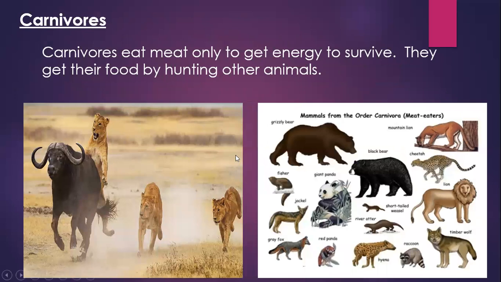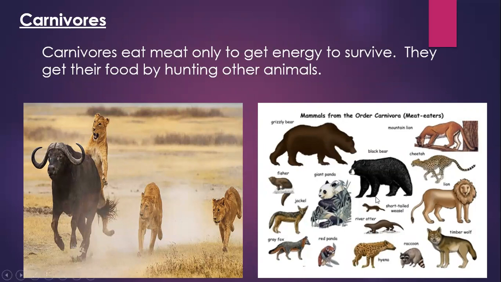Now, the second type of consumers are carnivores. Carnivores eat meat only to get energy to survive. They get their food by hunting other animals. Carnivores are the types of animals that get energy by eating different animals. They do not eat plants or grass or any type of vegetables or fruit.